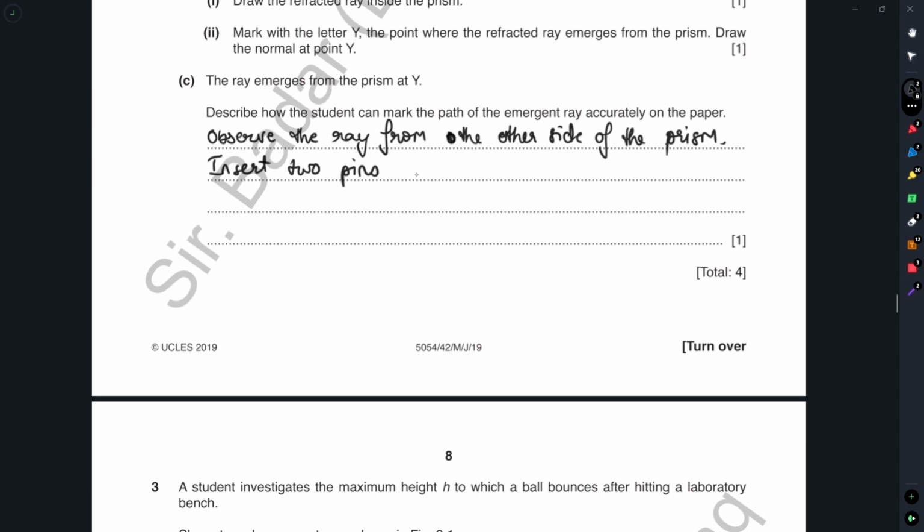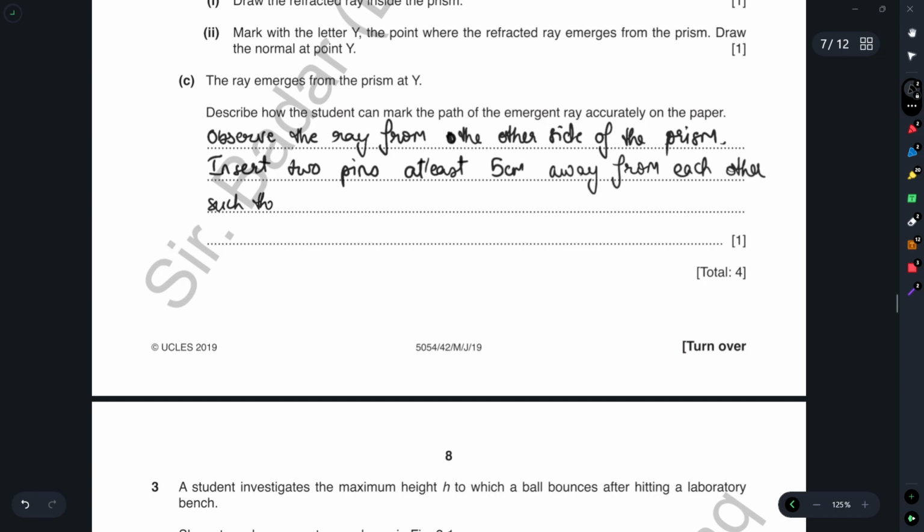No. Insert 2 pins, at least 5 centimeters away from each other, such that the second pin is behind the first.